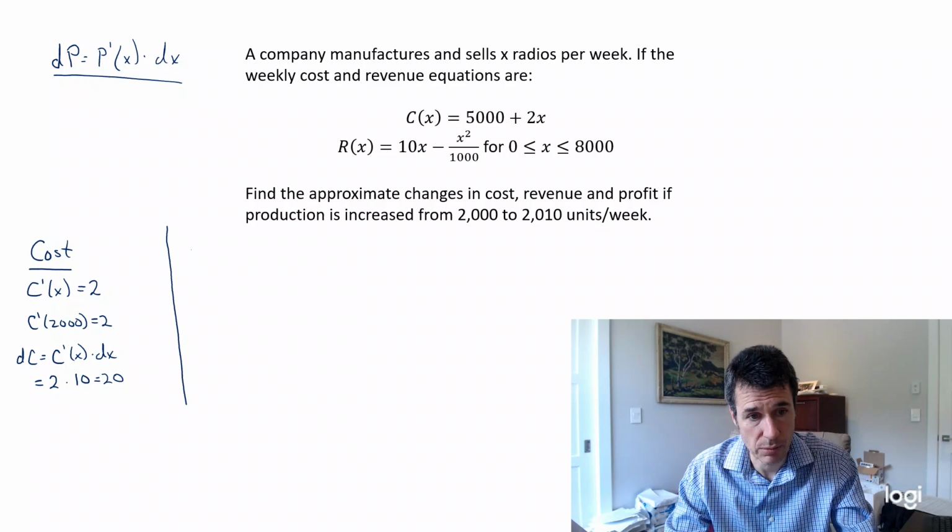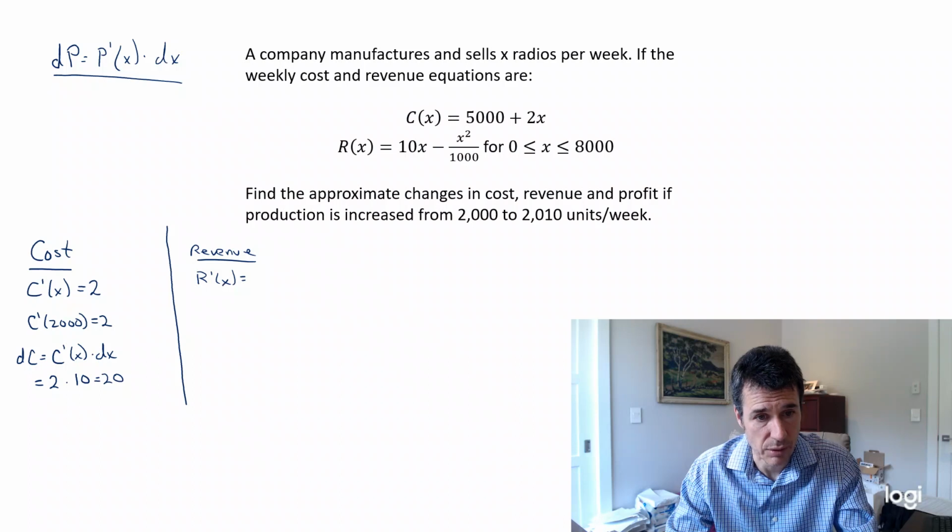So now we'll look at revenue. We want to find the marginal revenue. That's just the derivative of our revenue function, so that's going to be 10 - 2x/1,000, which is x/500. We want to know the marginal revenue at a production level of 2,000.